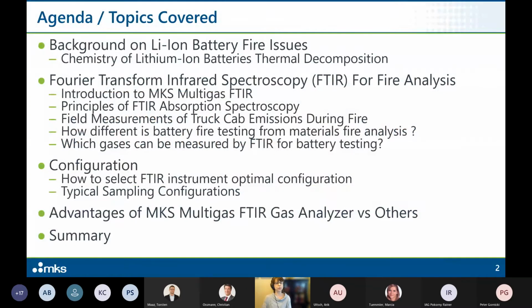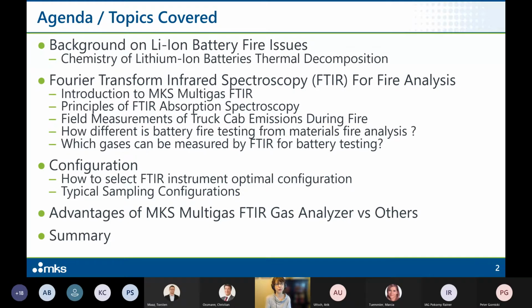So we will cover a background first on those fire issues that can occur, and this would be both for car batteries as well as data center batteries. I think there's a broad interest from very different sides.